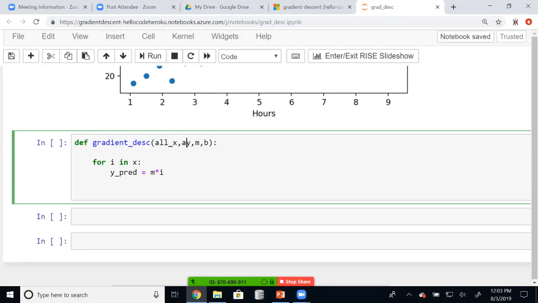So for x in all x's, y is mx plus b, as simple as that. Okay, is this straightforward? Is everyone with me until over here? Easy?